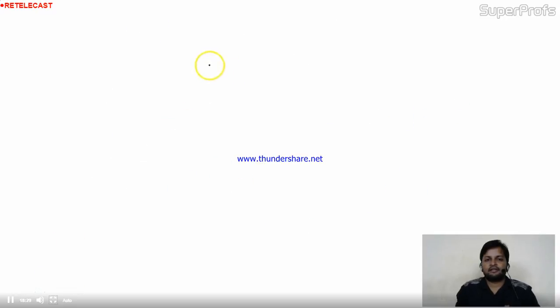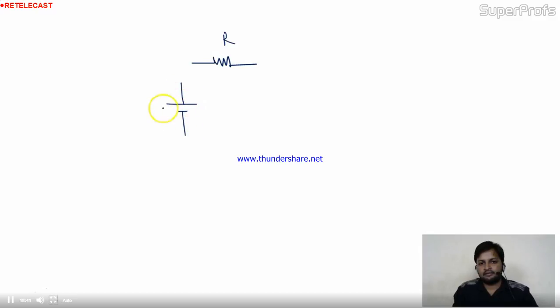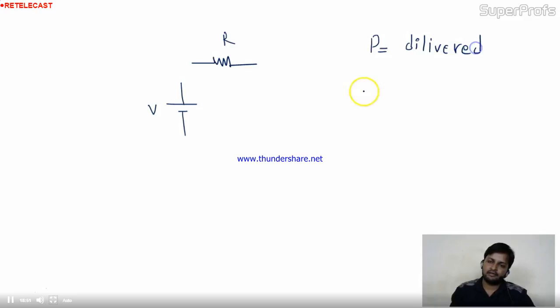the important things are, suppose in the circuit we have some elements, maybe it is resistance, and maybe the other one is an independent source, battery. So power is actually of two types. It may be delivered power or absorbed power.